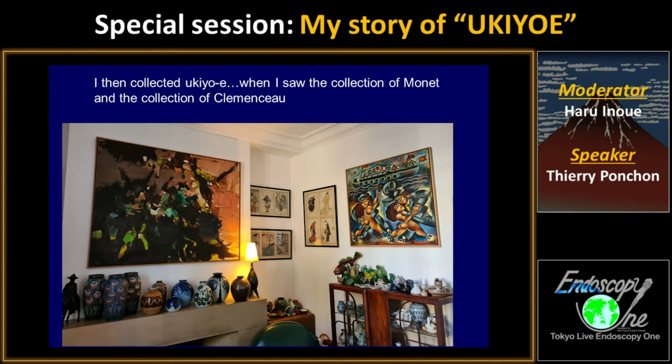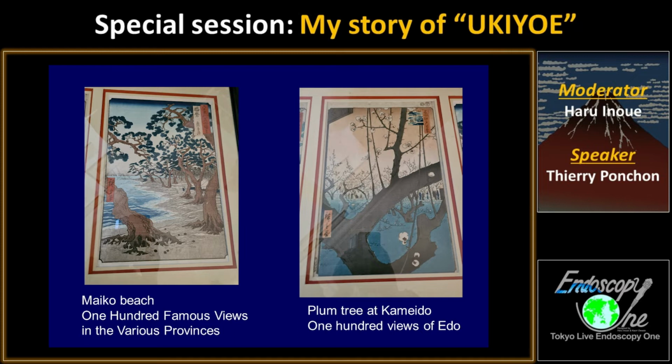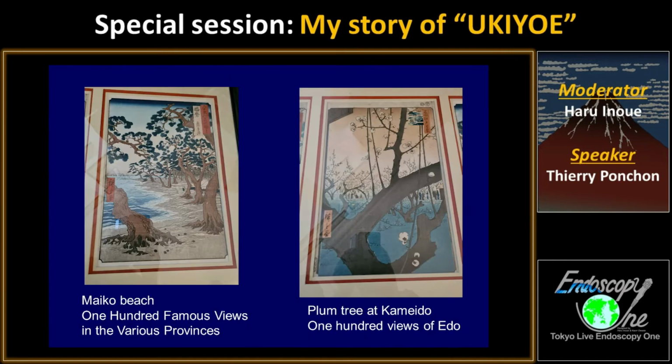And these are some of my ukiyo-e in this room with different ceramics, different paintings, and ukiyo-e are here. My first ukiyo-e are from Hiroshige, here. You recognize the plum tree, from the 100 Famous Views in the Various Provinces by Hiroshige. I have a plum tree.